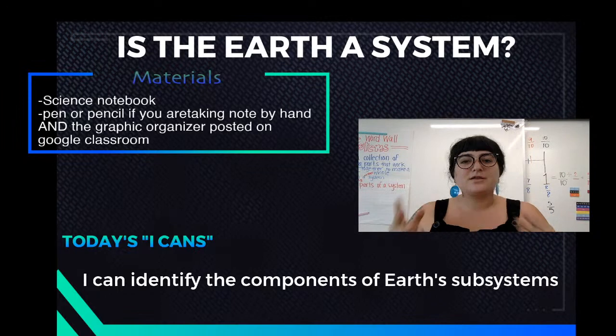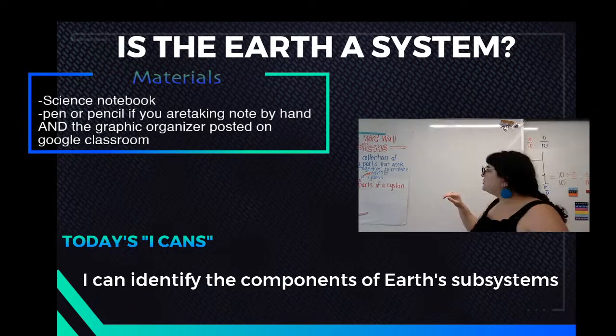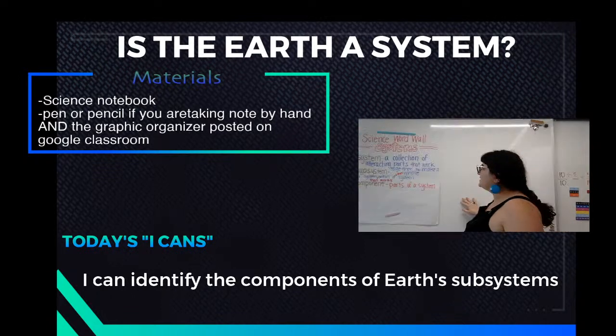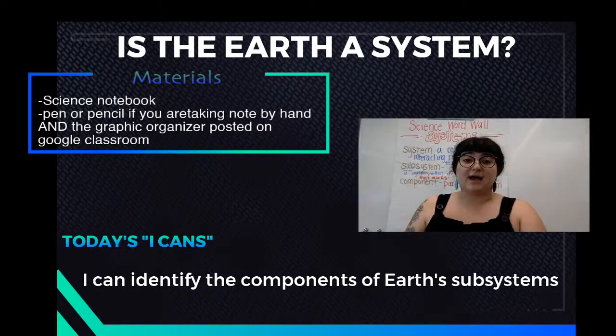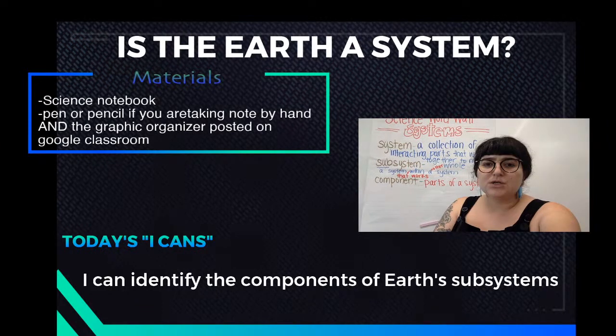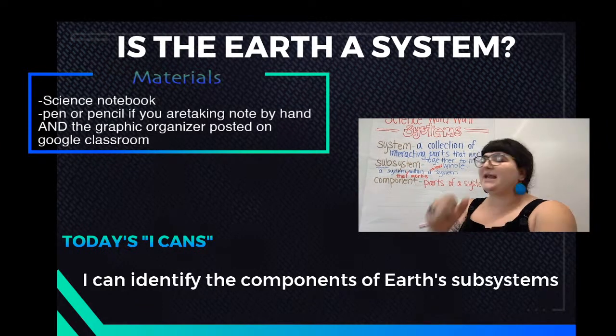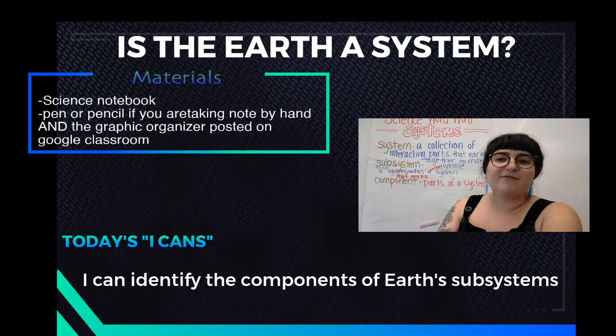But regardless, I want us to consider how important it is for us to come back to our words that we took note on in our very first science lesson from Tuesday. So before we answer this question, we need to double check with our definitions to see if in fact Earth is a system.